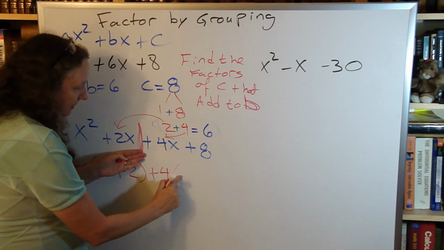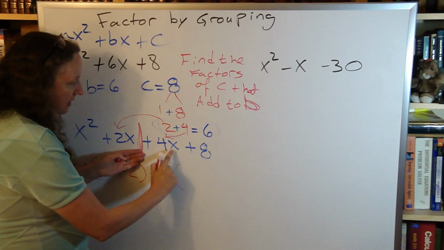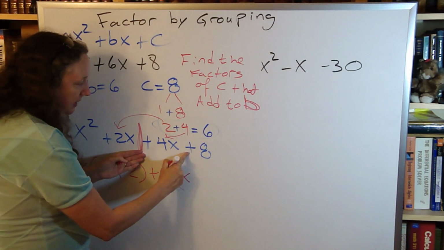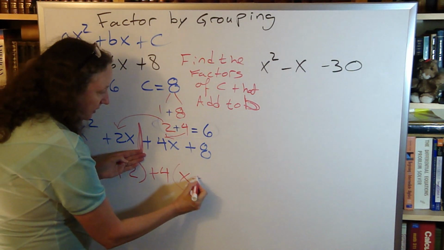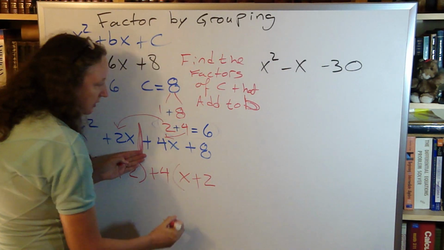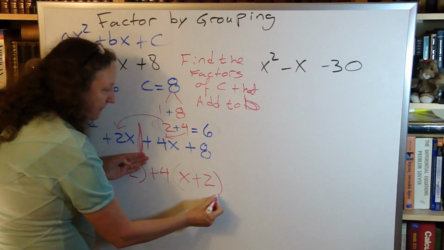Plus divide plus is plus, 4 divide 4 is 1, x, no x, I bring down my x. Plus divide plus is plus, 8 divide 4 is 2. Nothing else to go on there. I finish that up.